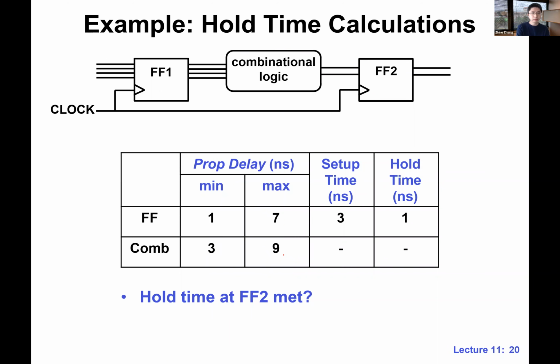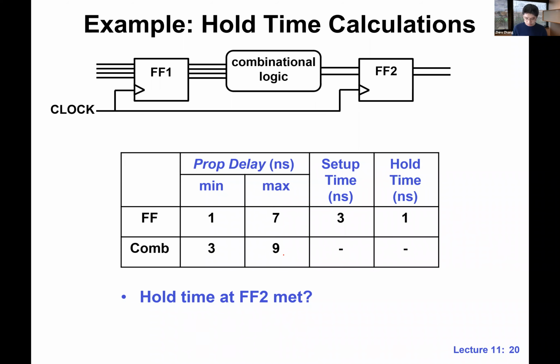Same template, a pair of flip-flops. I think this is the same parameters, maybe slightly different, but they don't matter. So what is the hold time? Is it met or not met? Do we have a violation or not?